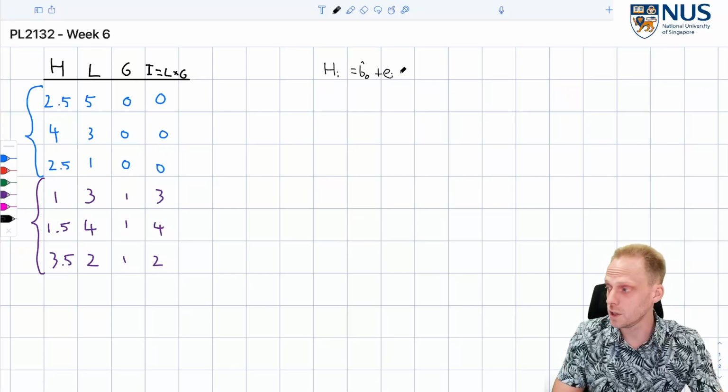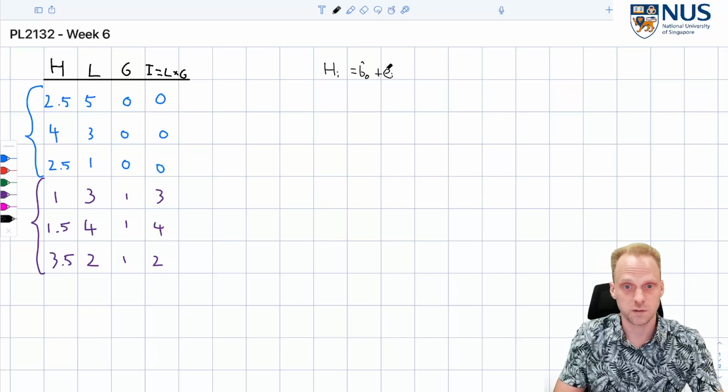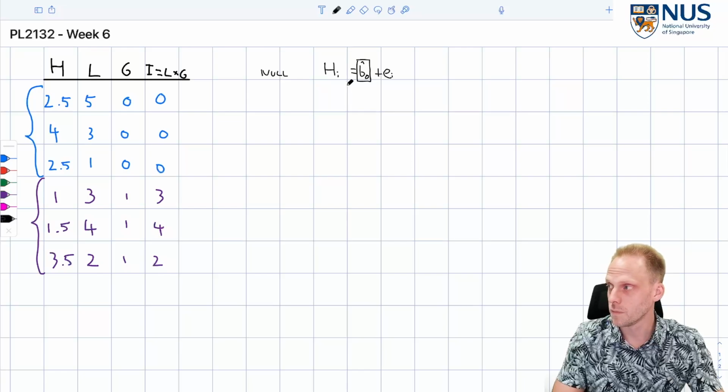Now, I did not show this model in the last slide, but this is an extremely simple model that is important. We often call it the null model or the baseline model, a model where we just have one constant, b0, and no predictive effect of any predictor.